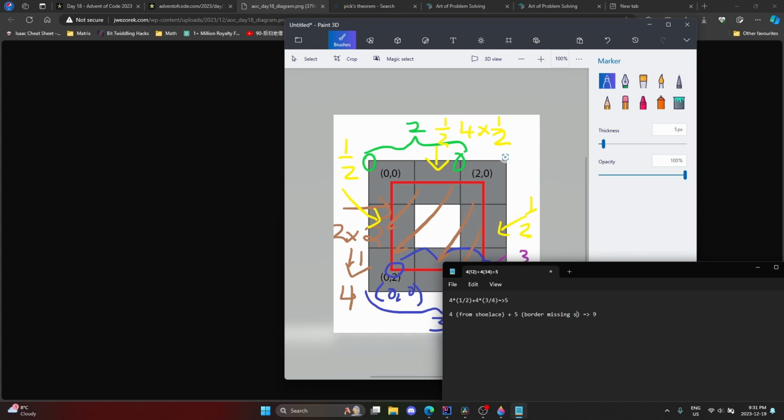It's 9. Now it would be nice if we can turn this into a more general form. So turns out, if we have borders, it's borders divided by 2 plus 1.